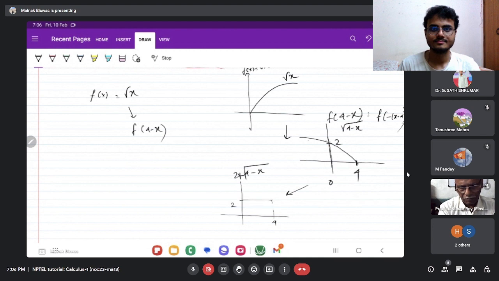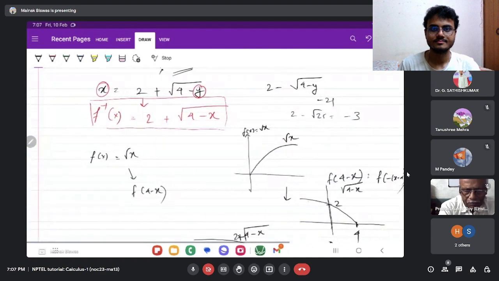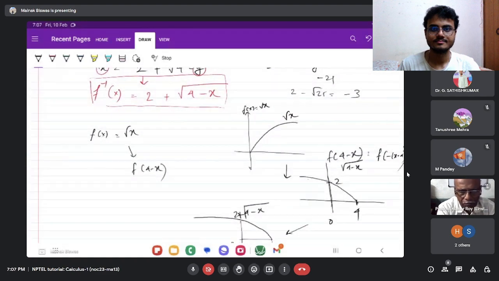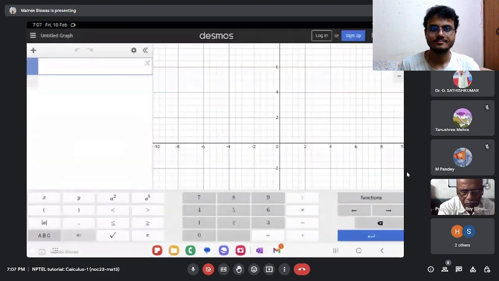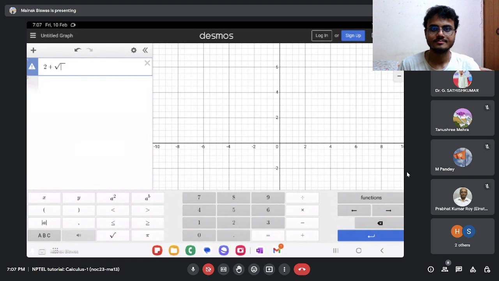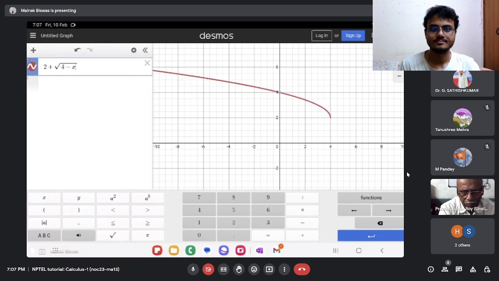This is 4. Let's plot this using Desmos and see if it is matching. So 2 plus square root of 4 minus x. It's matching, right? Yes, sir.